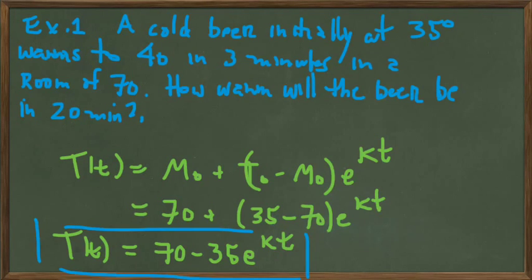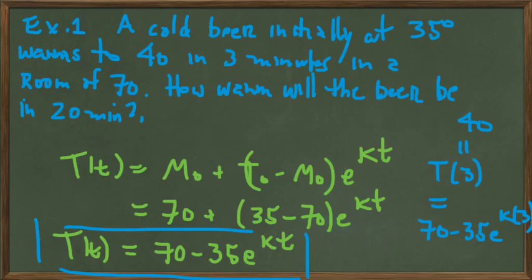To find the constant K, we plug in the known information that T of 3, the temperature after 3 minutes, is 40 degrees, and that would equal 70 minus 35 e to the k times 3, because t is 3.